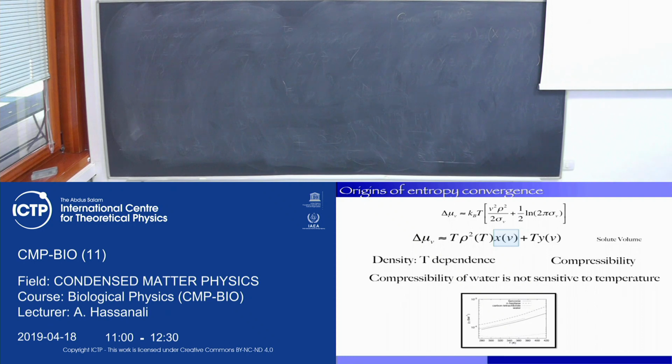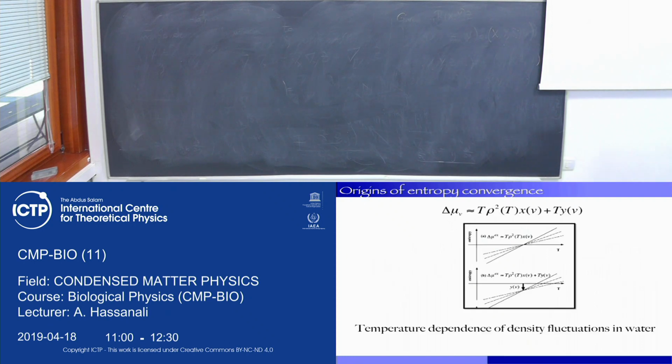You can do this exercise where you look at how these terms change, assuming this is a constant for solutes of different sizes, and what you find is that qualitatively you can essentially get this entropy convergence of hydrophobic solvation by just knowing how the density squared of liquid water changes as a function of temperature, which is interesting.